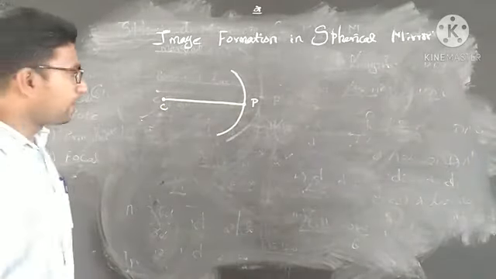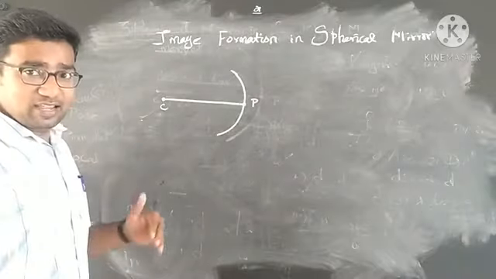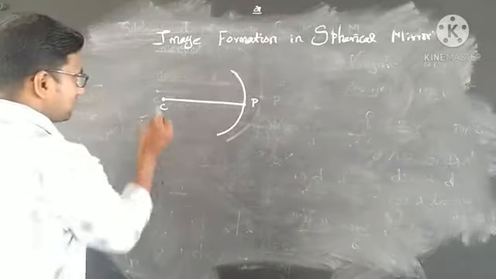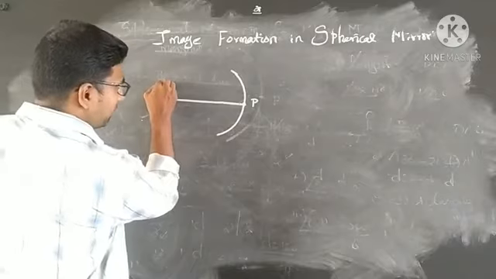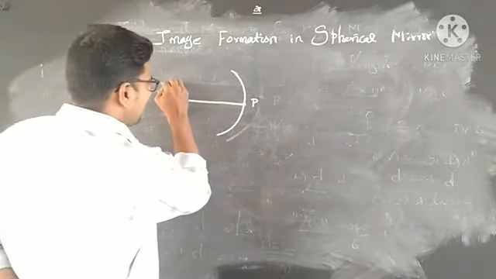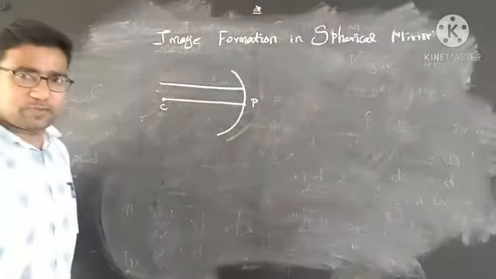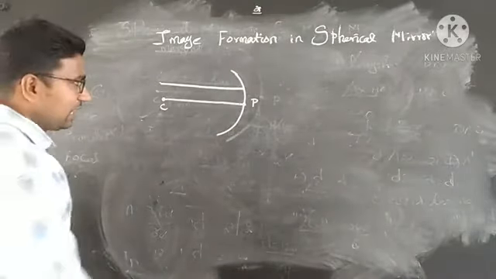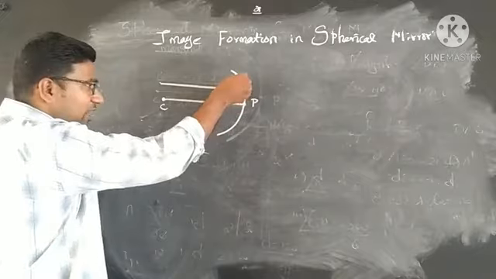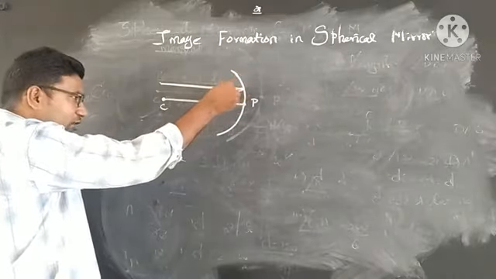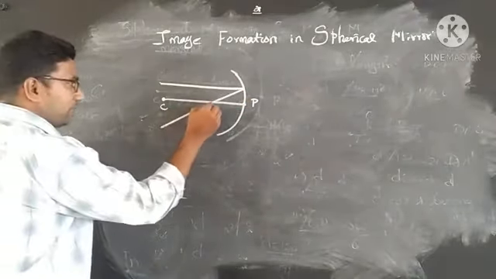If the incident ray is parallel to the principal axis, it hits the inner surface of the concave mirror. It will be reflected and pass through the principal focus F.